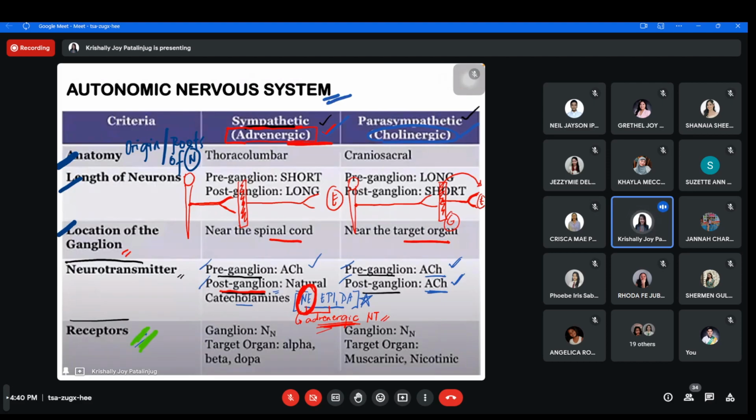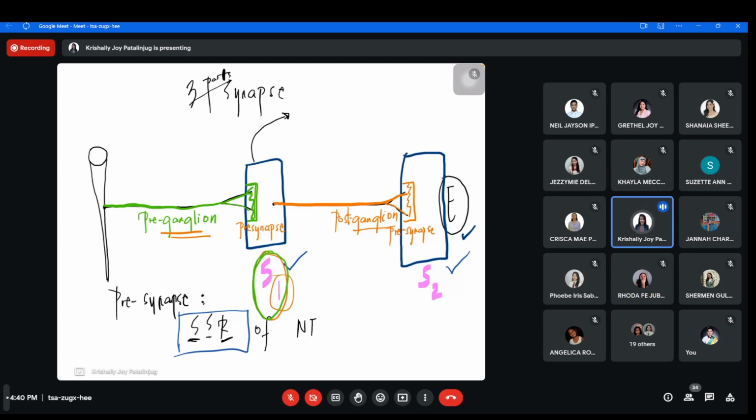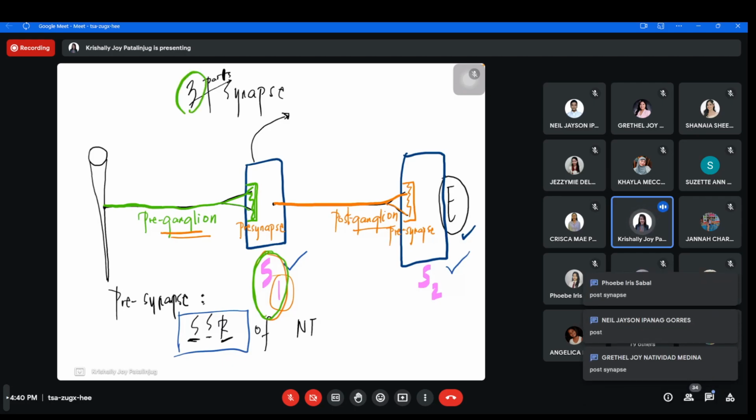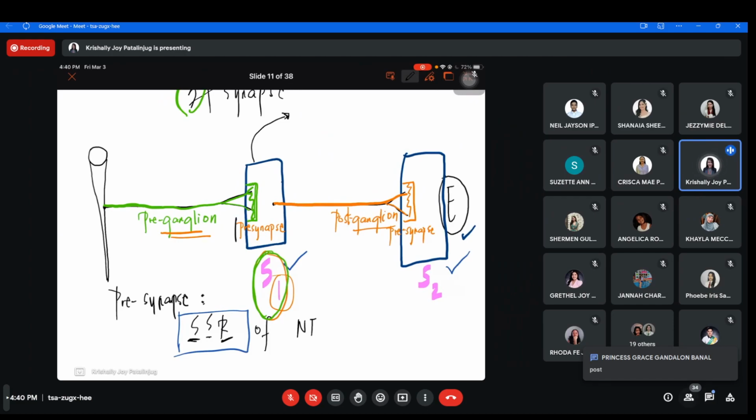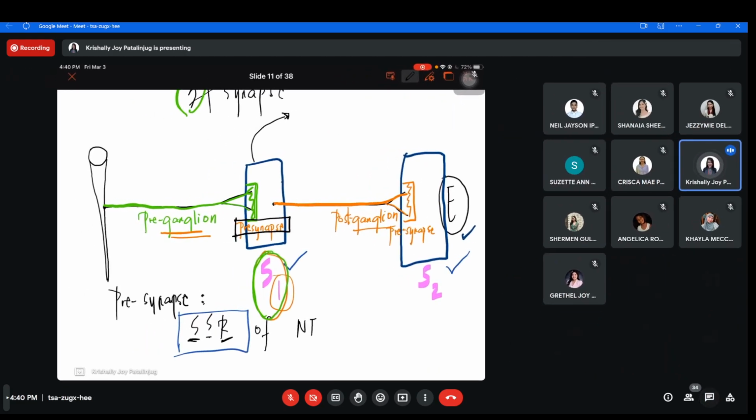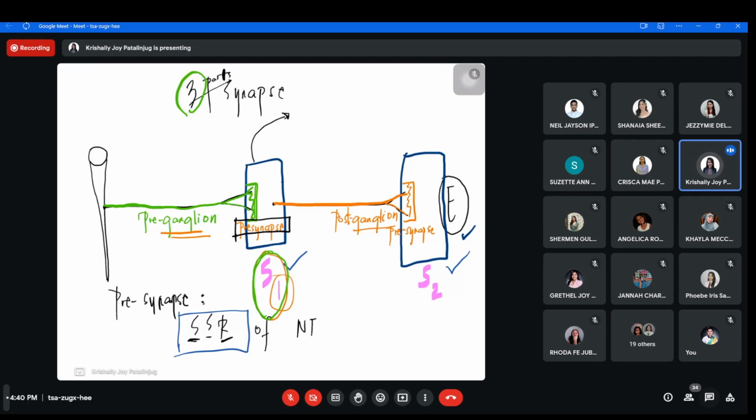So aalamin natin anong parte ng synapse nandoon majority ng receptor. Sige nga, among the three parts ng synapse, majority of the receptors, yes, are found in the post-synapse. Very good. Okay? So kung found in the post-synapse, kung ito yung pre-synapse, yung labeled with color green for synapse 1, ang magiging post-synapse ng synapse 1 here would be this portion.